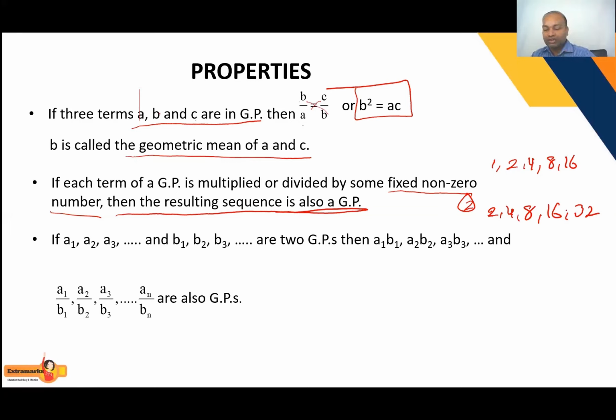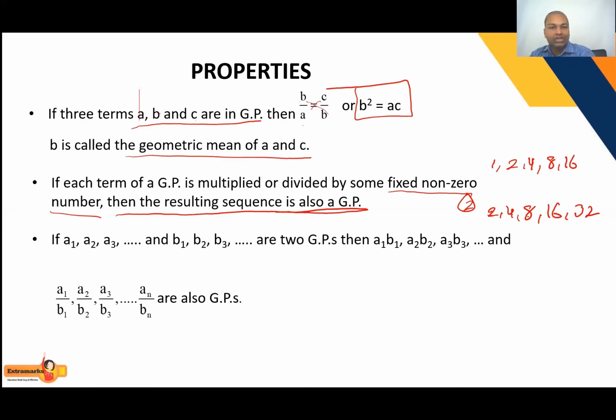Now observe, is the resulting sequence, this answer, in GP or not? See here, second element by first element, 4 by 2, answer is 2. 8 by 4, again answer is 2. 16 by 8, again 2. 32 by 16, answer is 2.